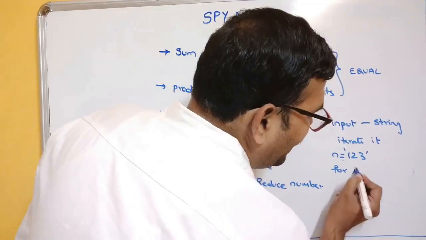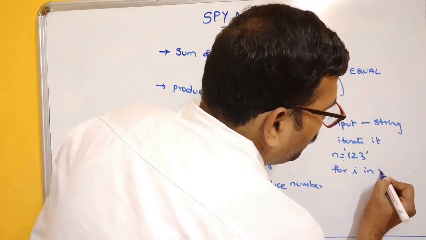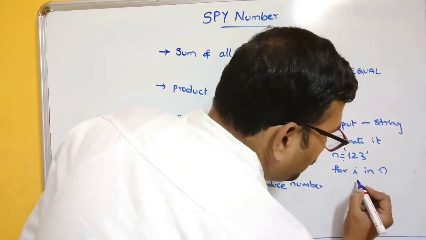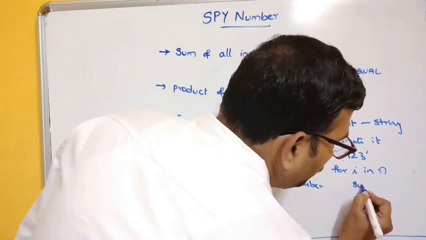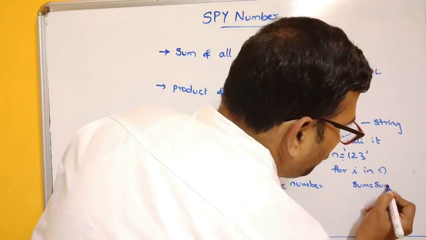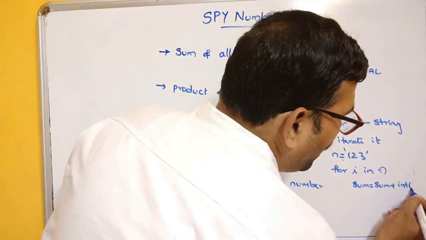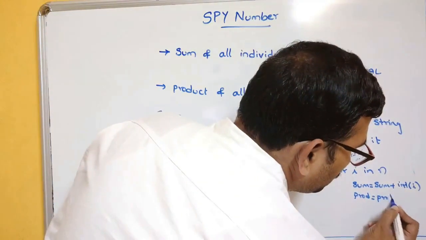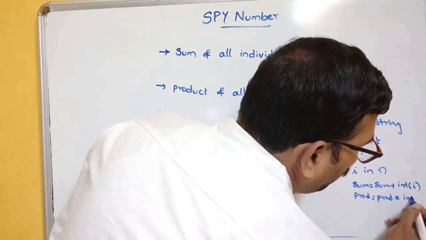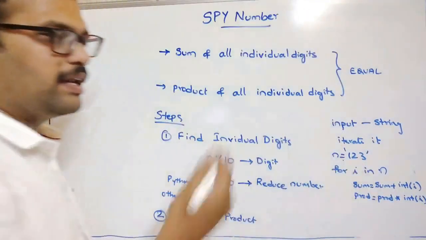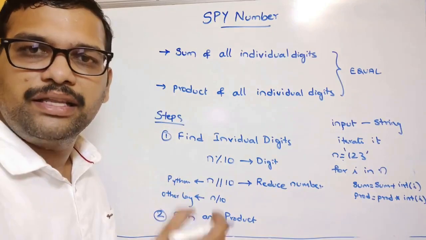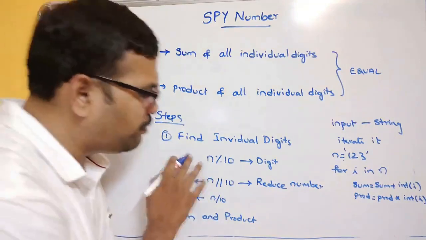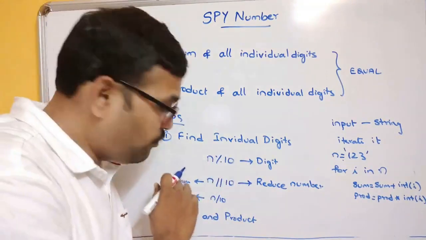For i in n, simply sum is equal to sum plus int of i. Similarly, product is equal to product into int of i. So simply we can get the sum and product. We need not go with the mod operator or the floor division.